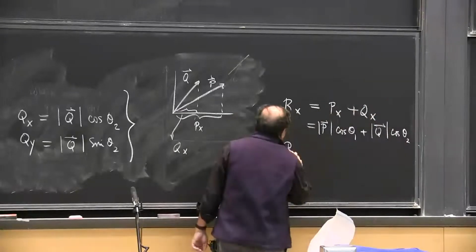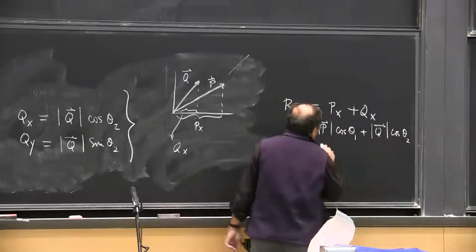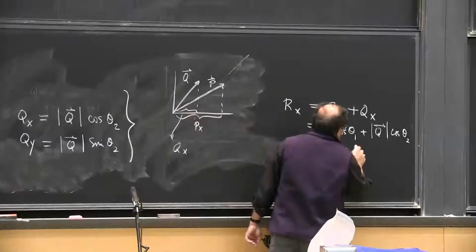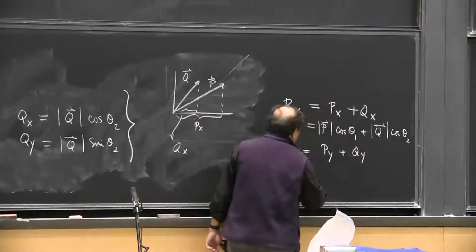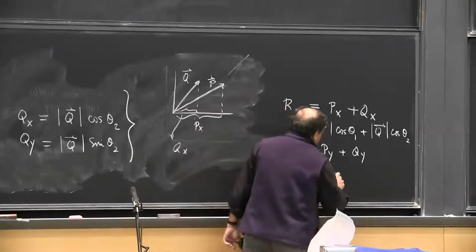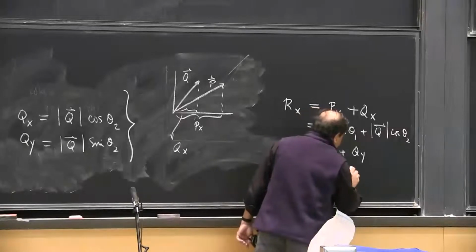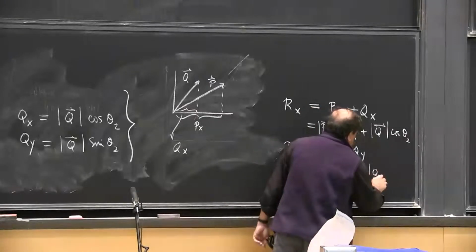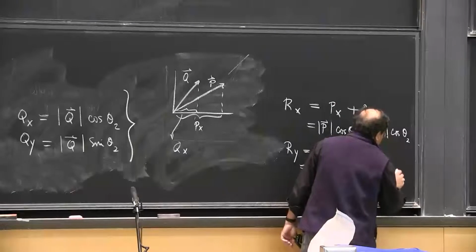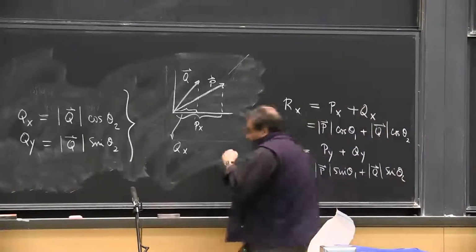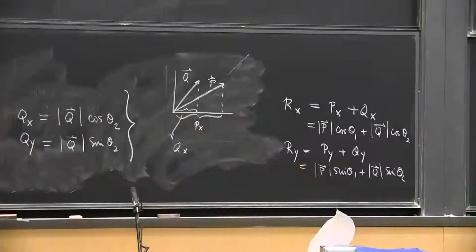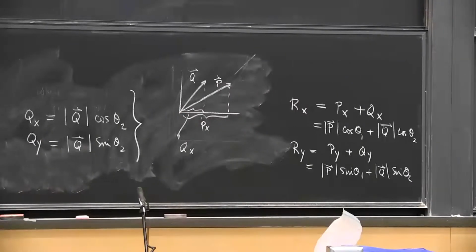Similarly, Ry would be Py plus Q sub y, so that would be P sine of theta 1 plus Q sine of theta 2. This is just the magnitude of P and magnitude of Q that I'm writing. Okay? Any questions so far?